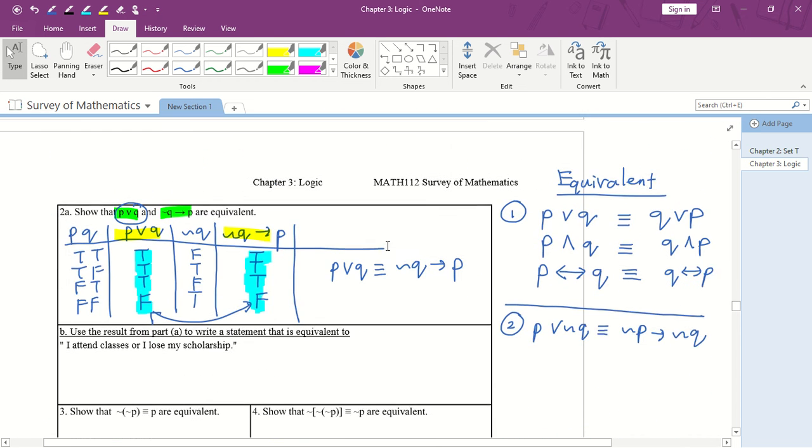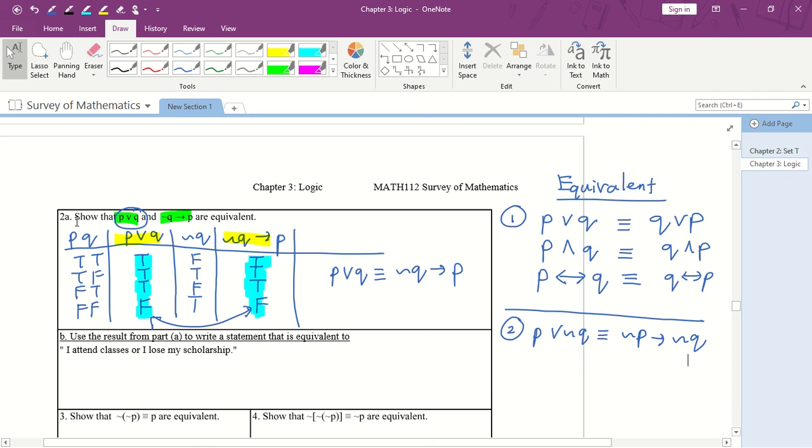And just like what we did here, Q A here says that P or Q is equivalent to negation Q implies P. So you will realize that both of these questions are somehow a little bit similar.